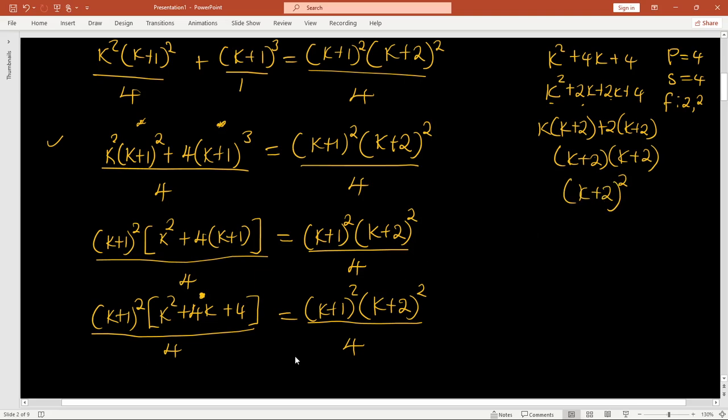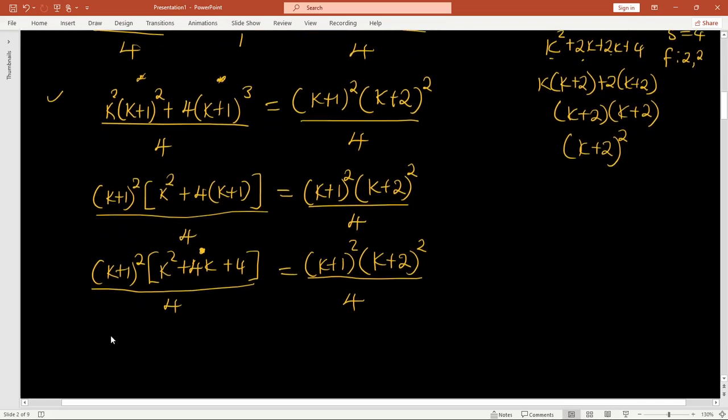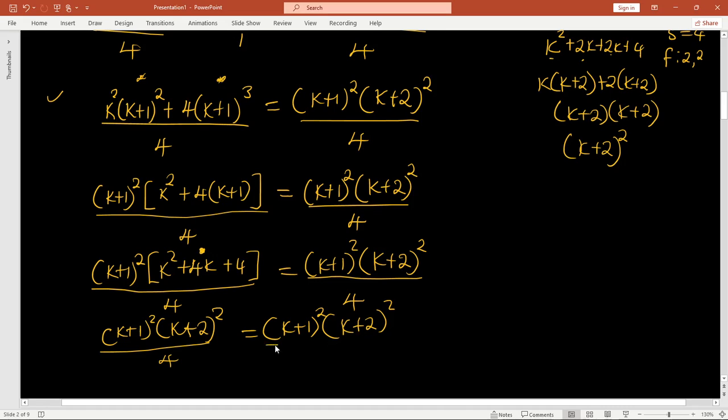So this here is the same as (k plus 1) squared. Then since we've evaluated with this side, we're going to have (k plus 2) to the power 2 divided by 4, which is equal to (k plus 1) squared, (k plus 2) squared divided by 4.